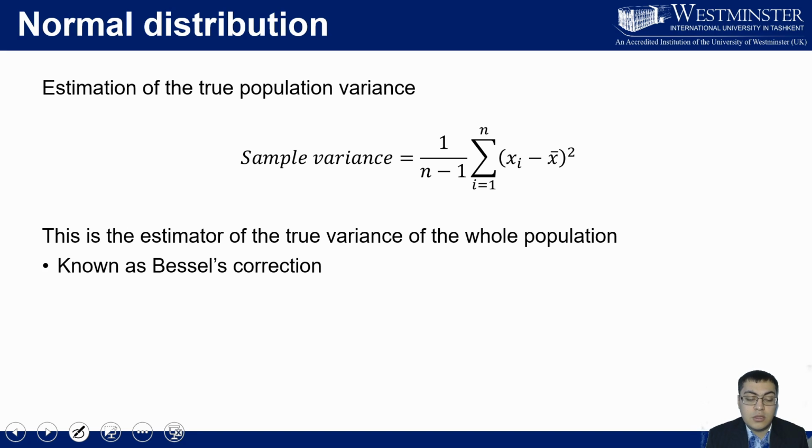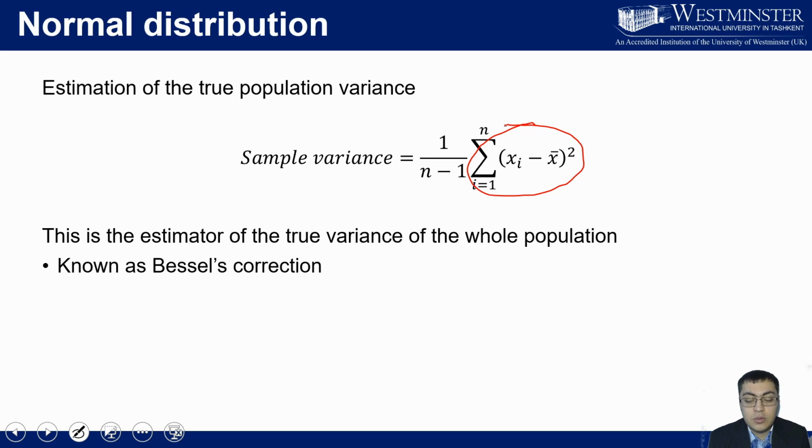So what we do is we ask a relatively small number of random people, and then if we wanted to calculate the variance for the population, what we'd have to do is take the sum of the square deviations that I had, which is right over here, and divide it not by n, but by n minus 1. This sample variance formula is the estimator for the true variance of the whole population.